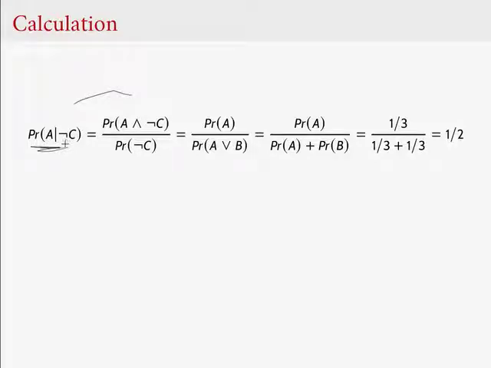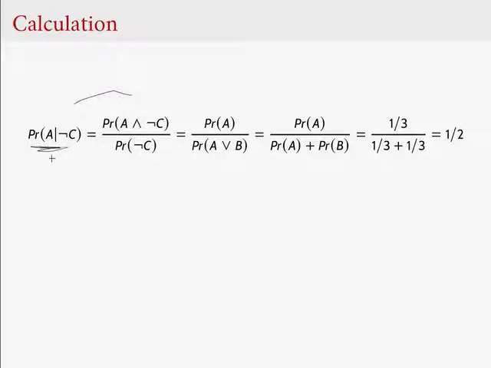The definition of conditional probability said that the probability of a sentence given another is equal to the probability of the conjunction of those two sentences over the probability of the sentence being conditioned on. So here we have simply applied the definition of conditional probability.